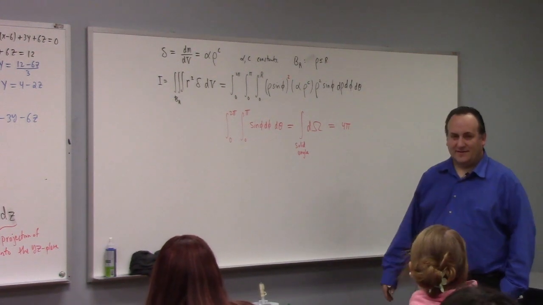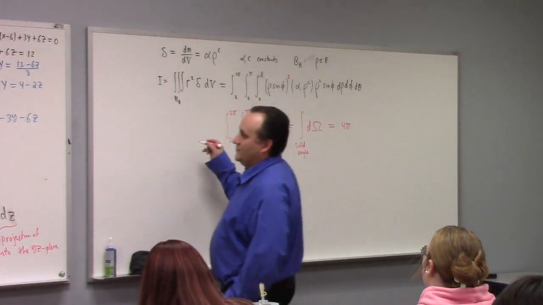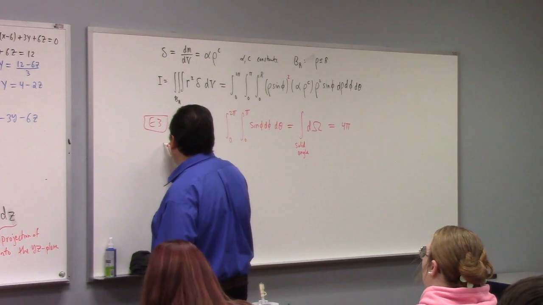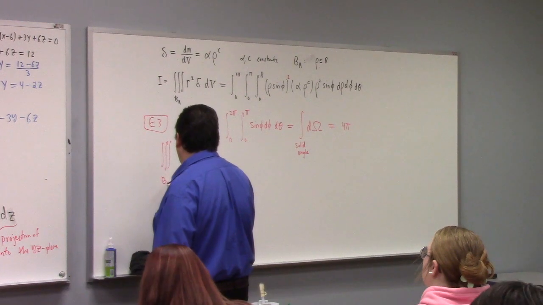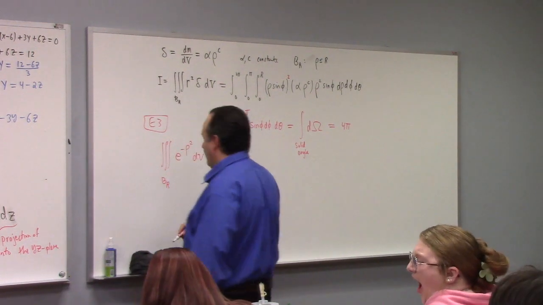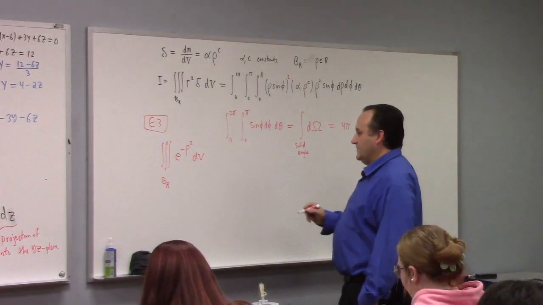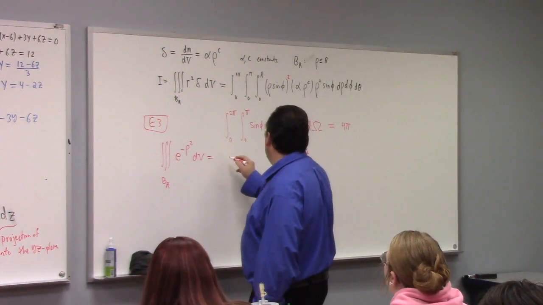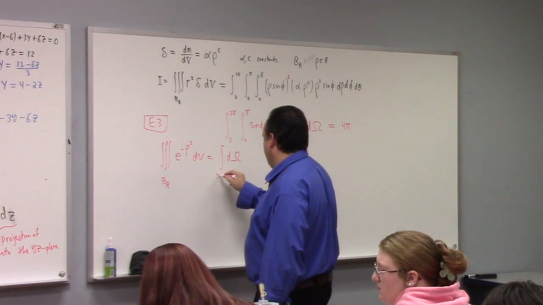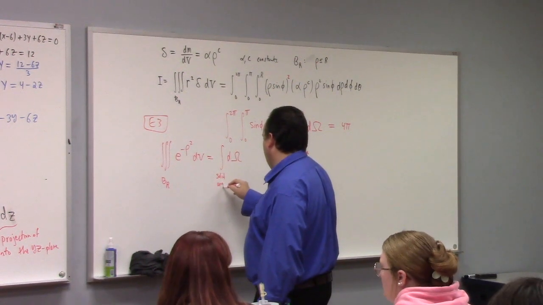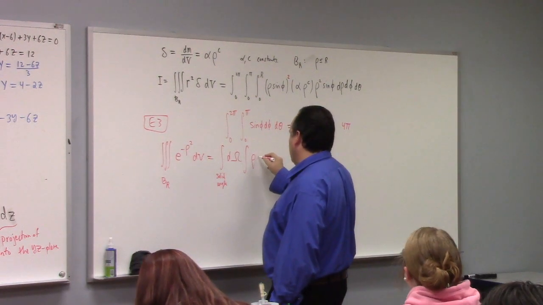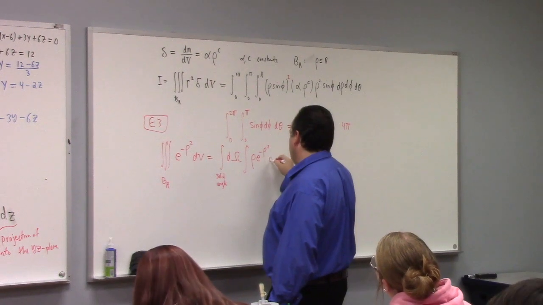So in example 3, what if instead I was doing the integral over B sub r of, say, e to the minus rho squared dV? Well, then this would be the integral over d omega times the integral of rho e to the minus rho squared d rho.